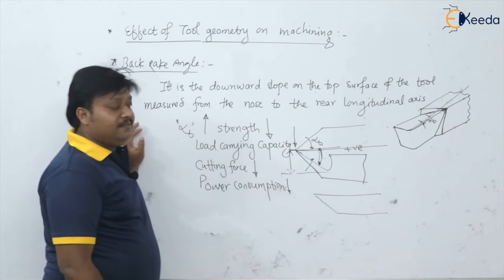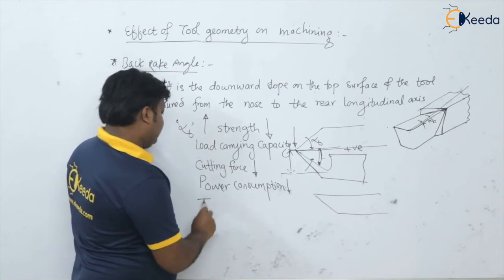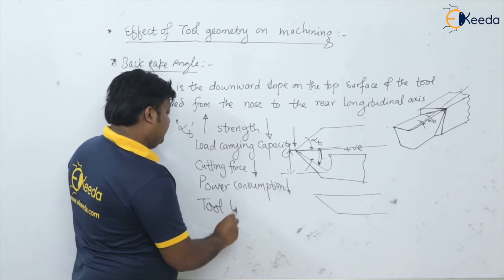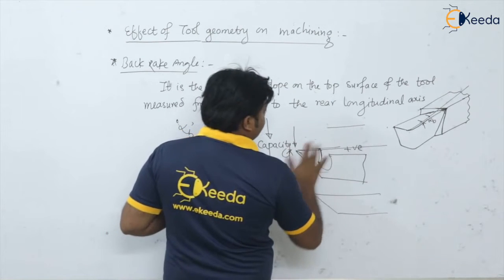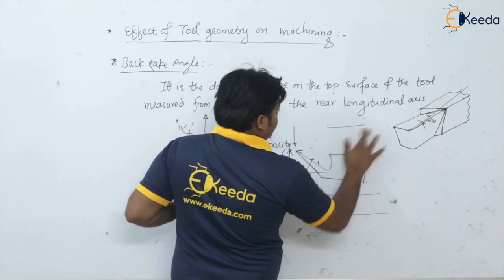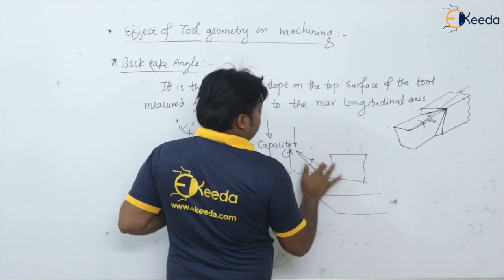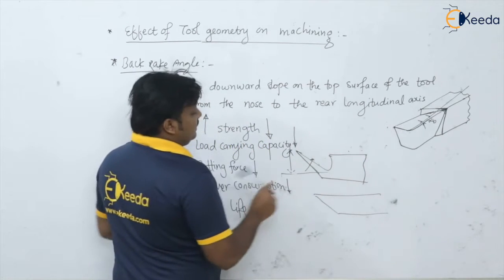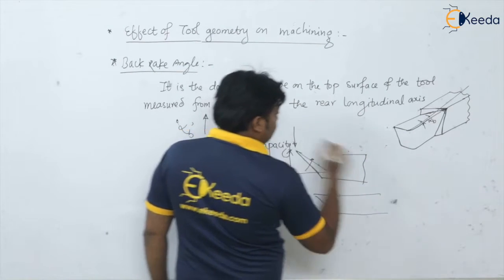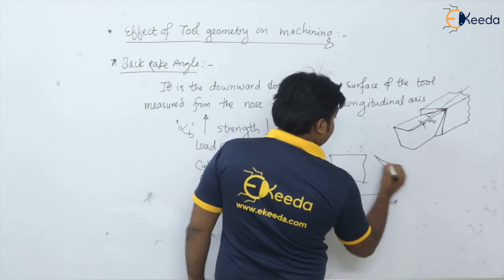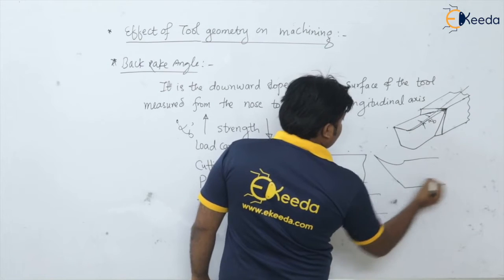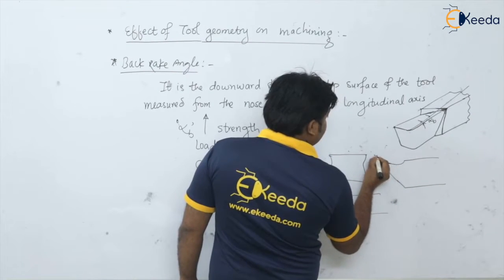What about tool life? What is happening with the tool life? See, as rake angle goes on increasing, what you can see here is this wear land. Initially say it was like this. Tool life means what?